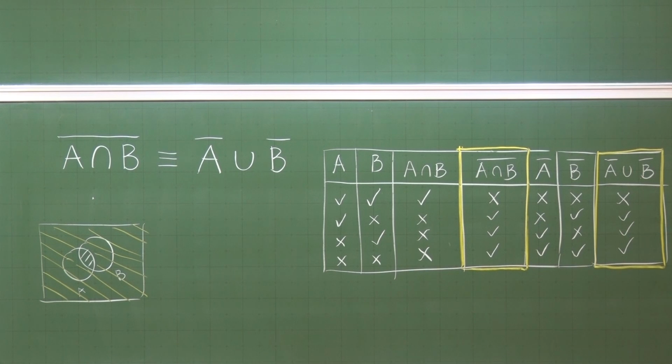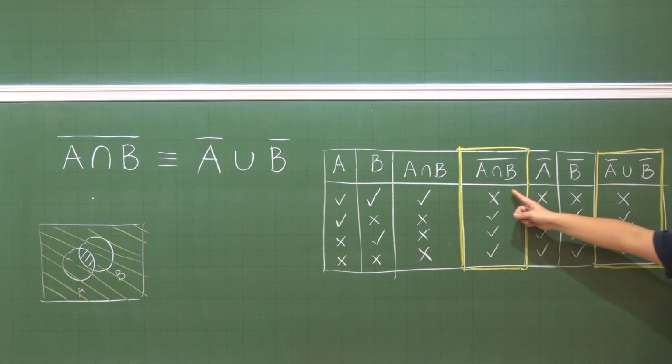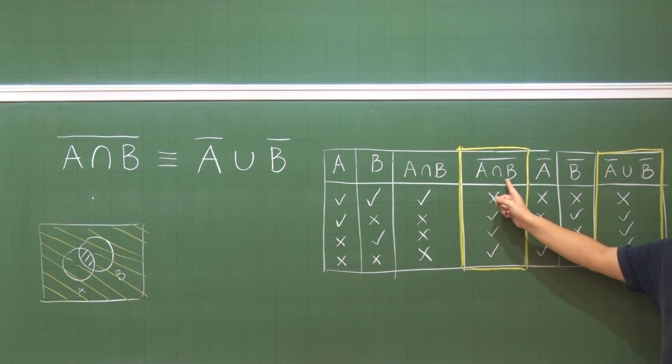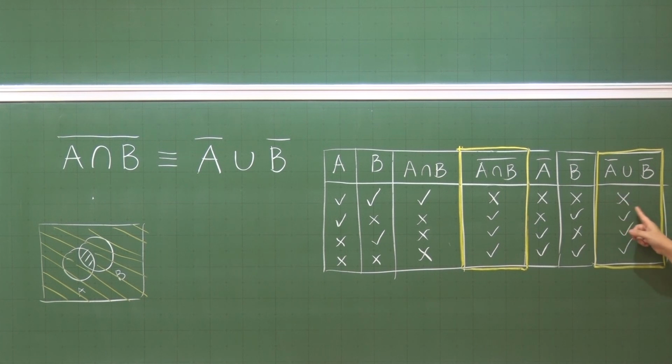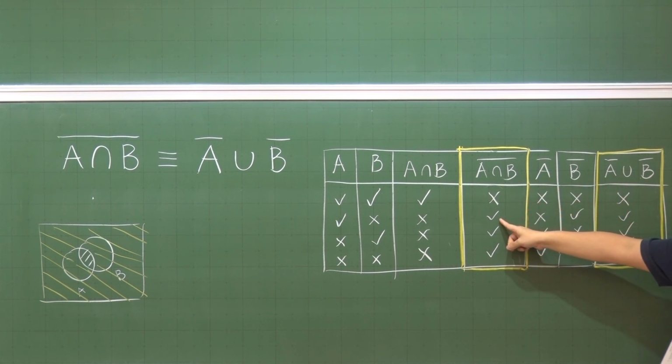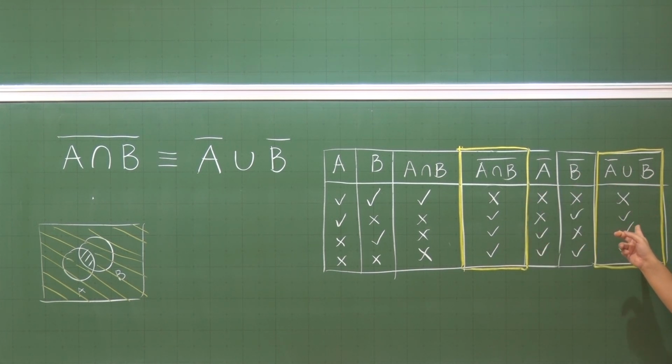And we find that they agree. So it means that no matter what item you look at, whenever it is not in the left-hand side, not in A intersect B complement, then it is not here. Whenever it is in here, then it is in here. So what does it mean?